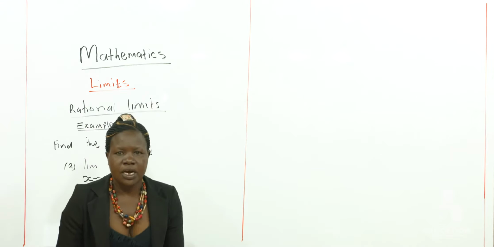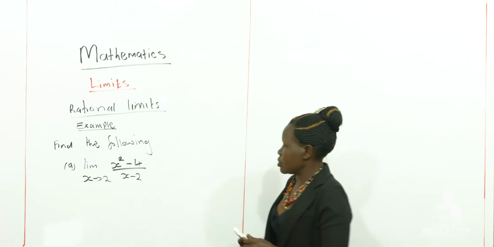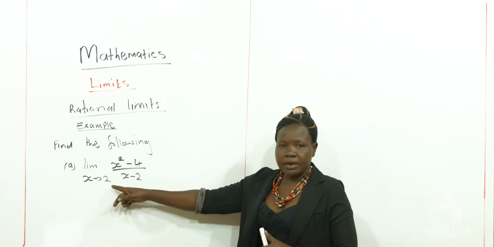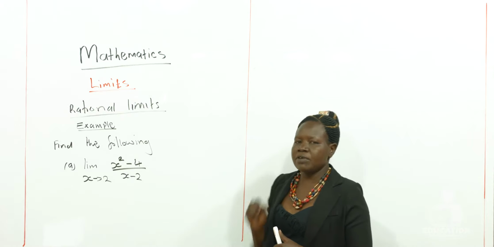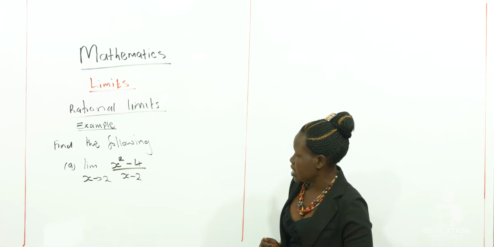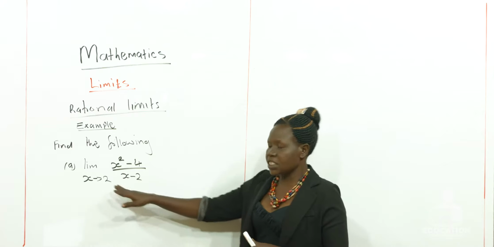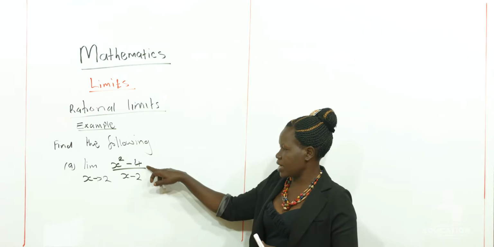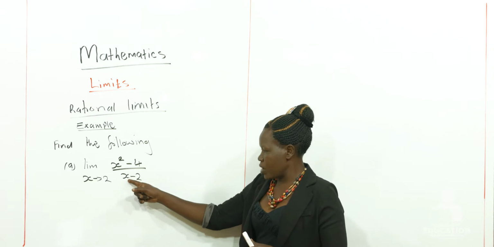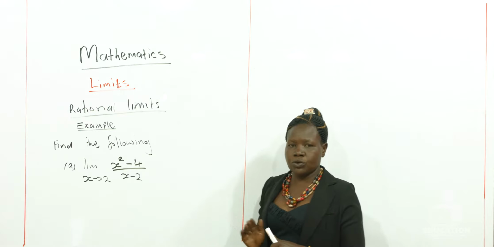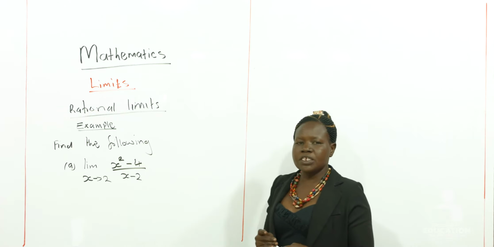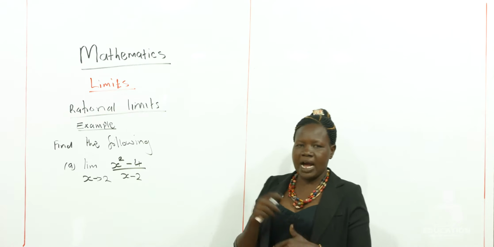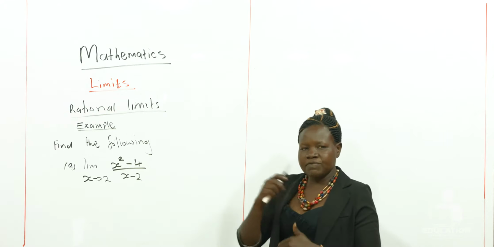So this is a review of where we stopped. This is the part where x is approaching a real number, not infinity. Now what are you going to do? We said in this case you are going to factorize the numerator so that you can deal away with the division first before substitution, because you cannot substitute in a statement that has a division.